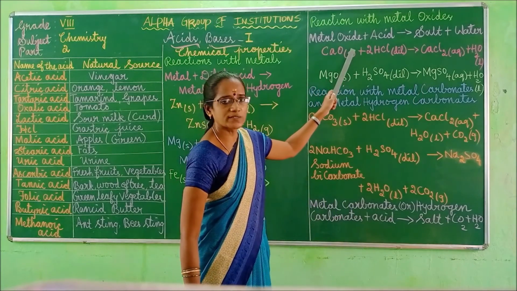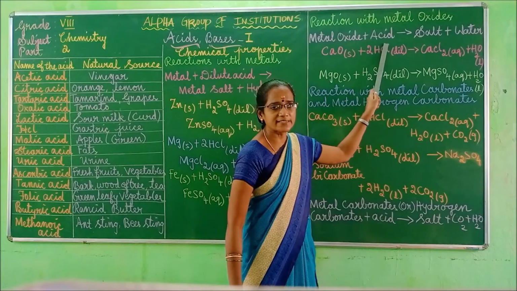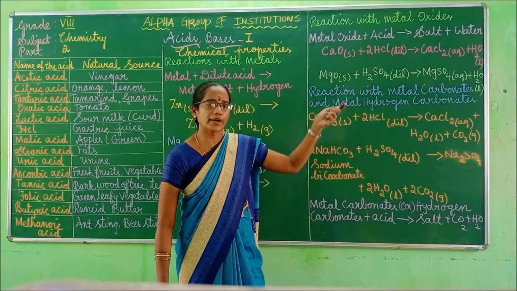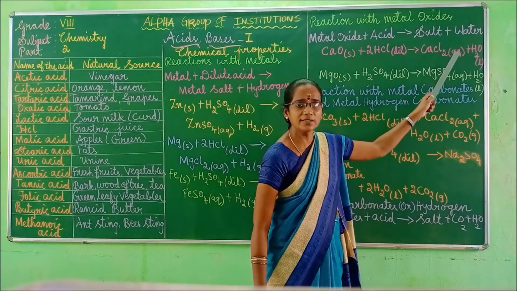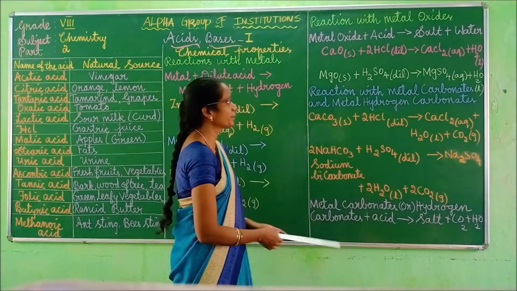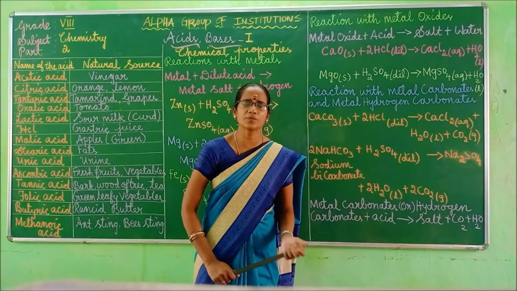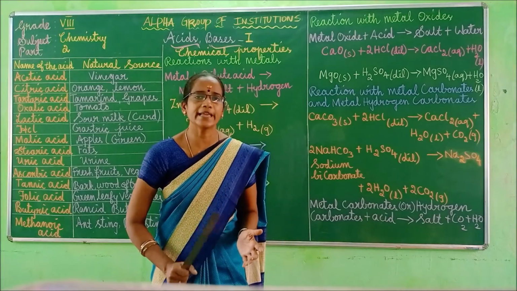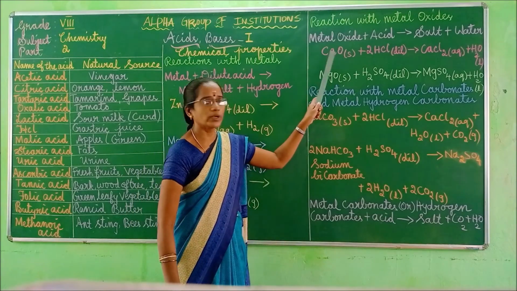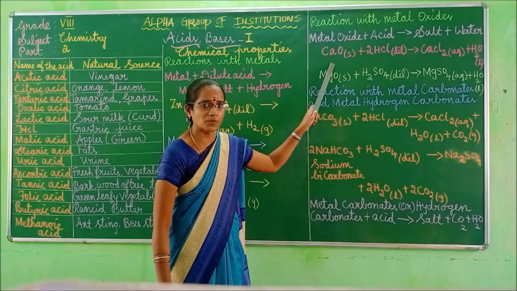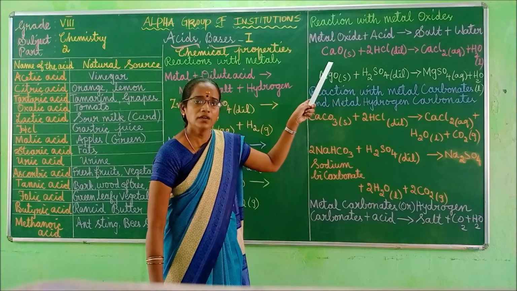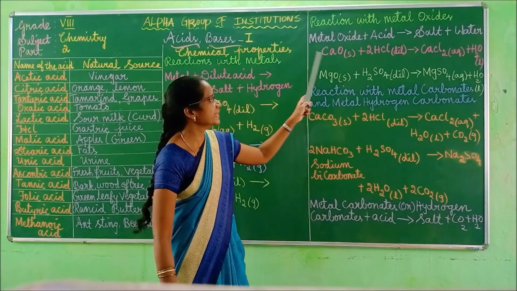When a metal oxide reacts with an acid, both combine to produce salt as well as water. For example, calcium oxide. What is the formula of calcium oxide? It is CaO. CaO is a solid, calcium oxide. Here you have to mention the name of the compound.